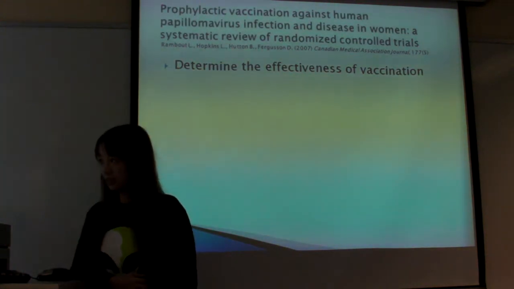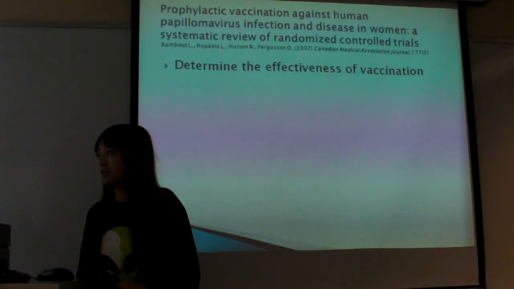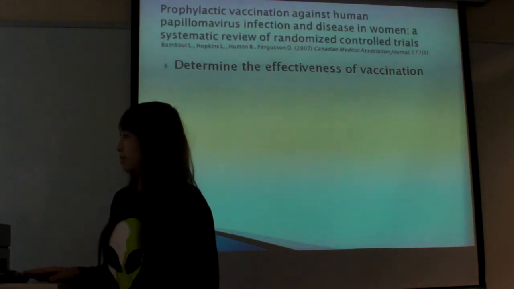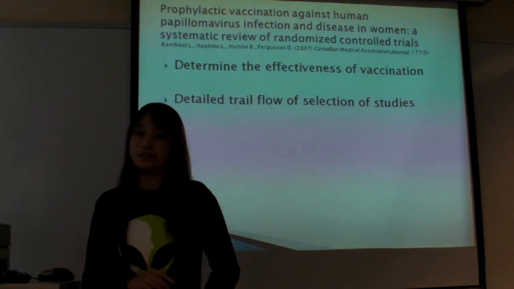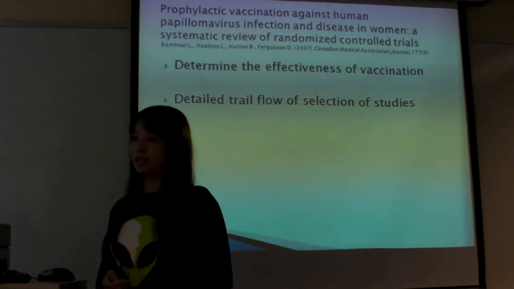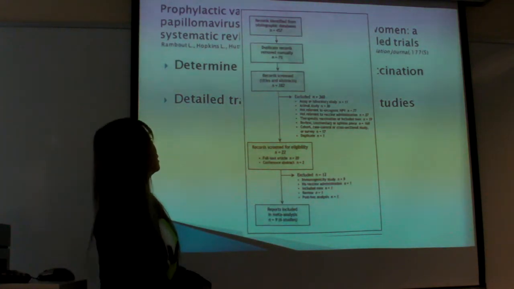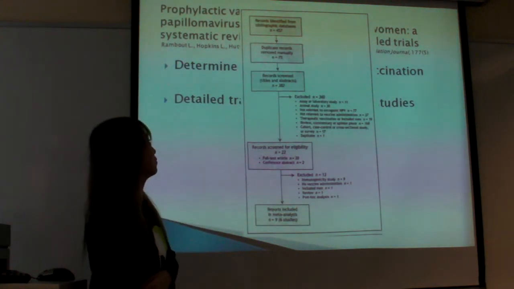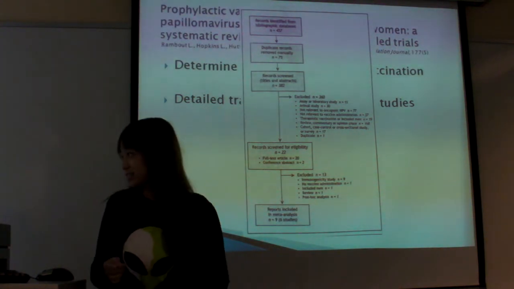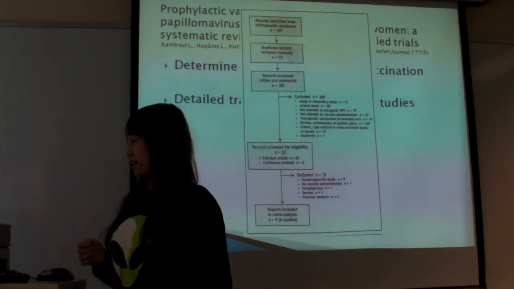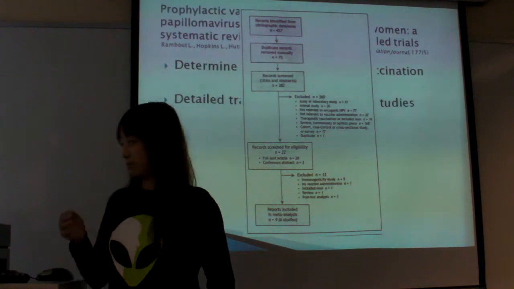The next journal talks about the effectiveness of vaccination. And it has a detailed trial flow of selection of studies, which impressed me. You can see at first there are 455 case studies, and it's selected by screening.